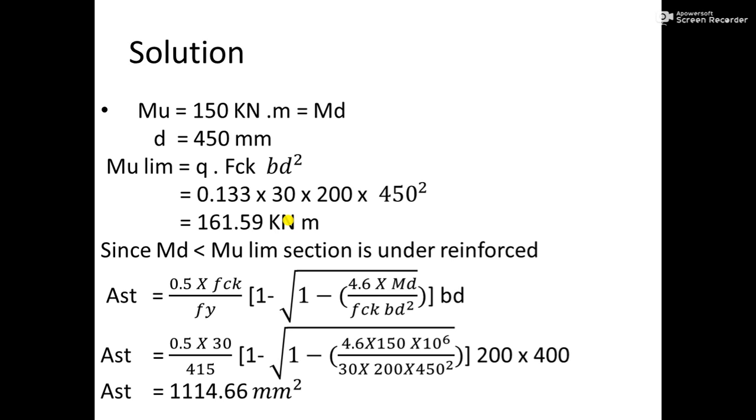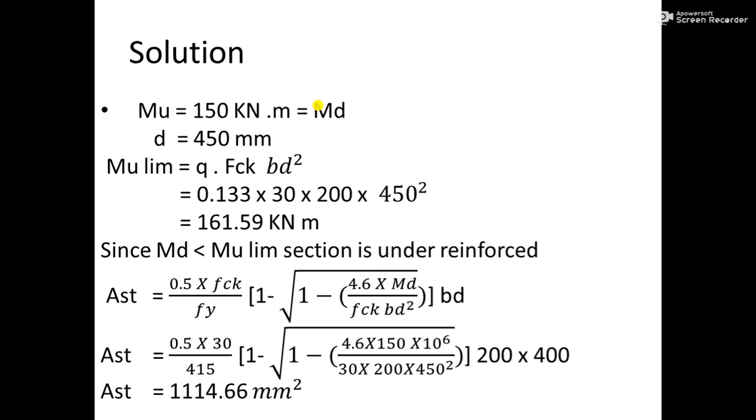So the solution is, as given, the ultimate moment is 150 kilonewton meter, effective depth d is 450 mm, then Mu limiting for steel grade Fe415 is 0.133 fck bd square, that is the ultimate moment of resistance for Fe415.